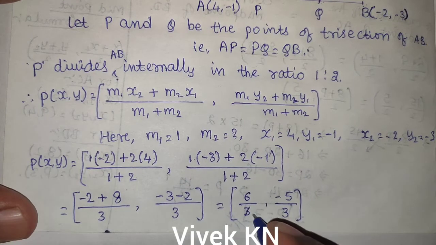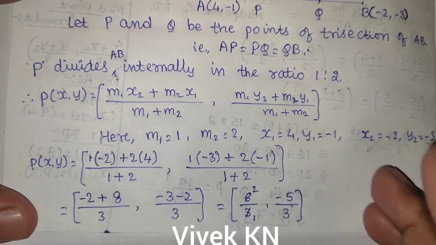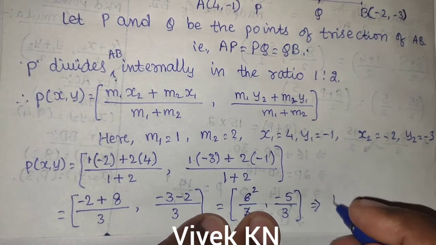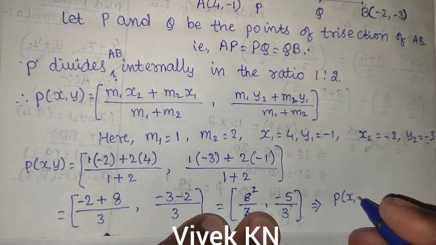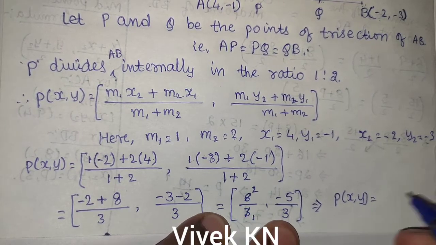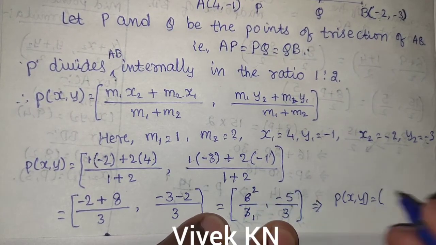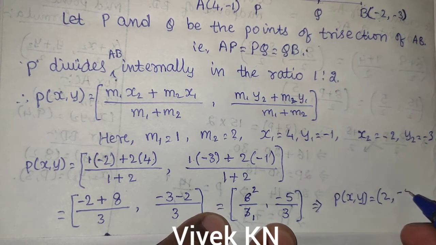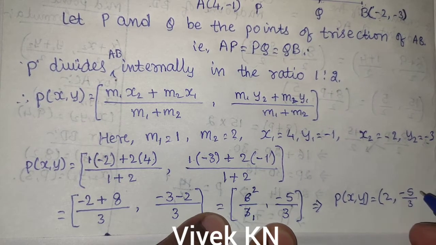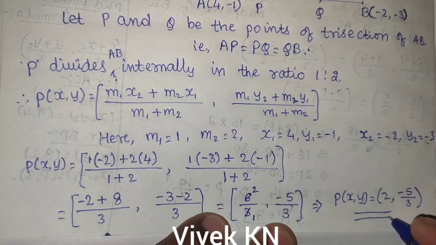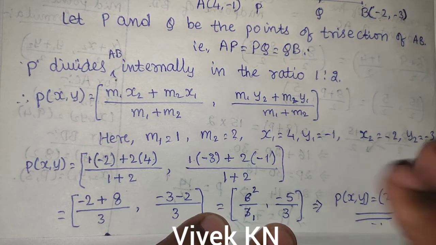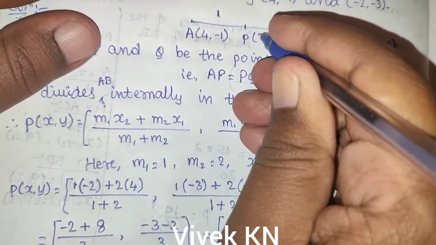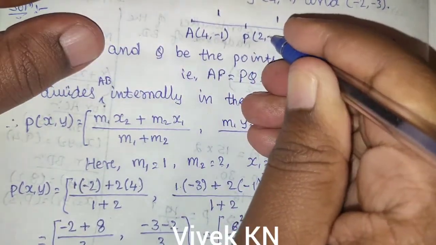Here 3 1s are 3, 3 2s are 6. This implies P of x comma y is equal to 2 comma minus 5 by 3. This is the coordinate of point P, 2 comma minus 5 by 3.